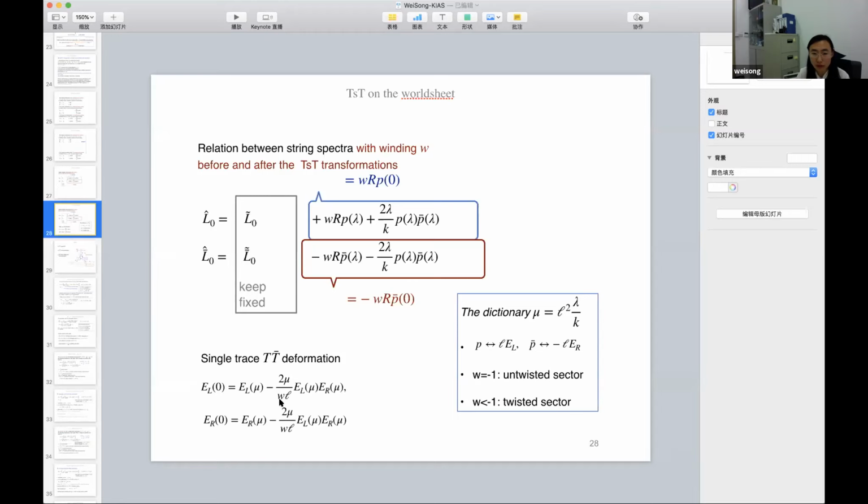But when W is more general, this corresponds to the twisted sector. Twisted sector.